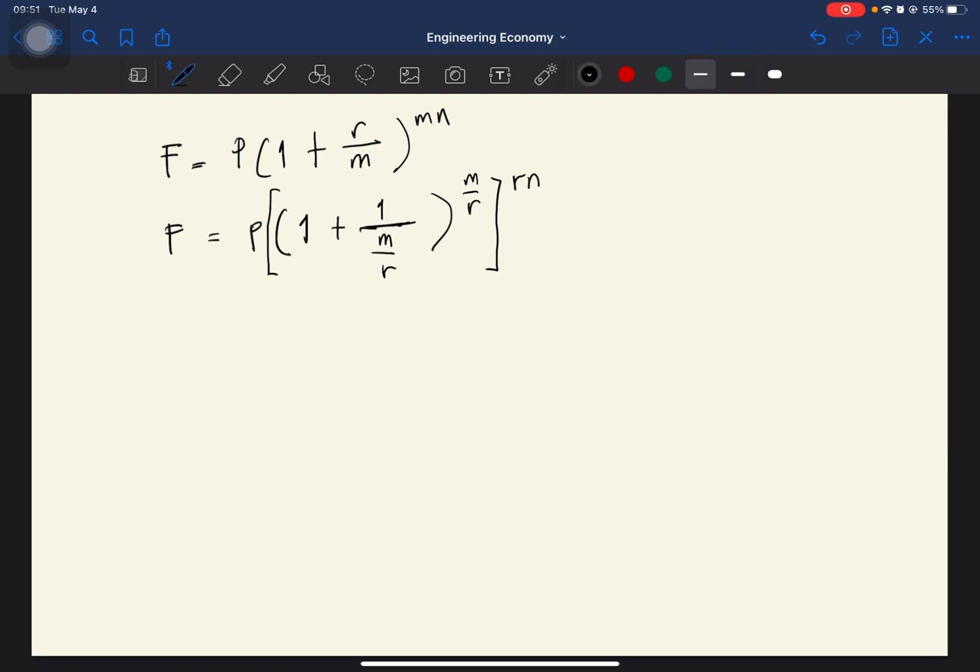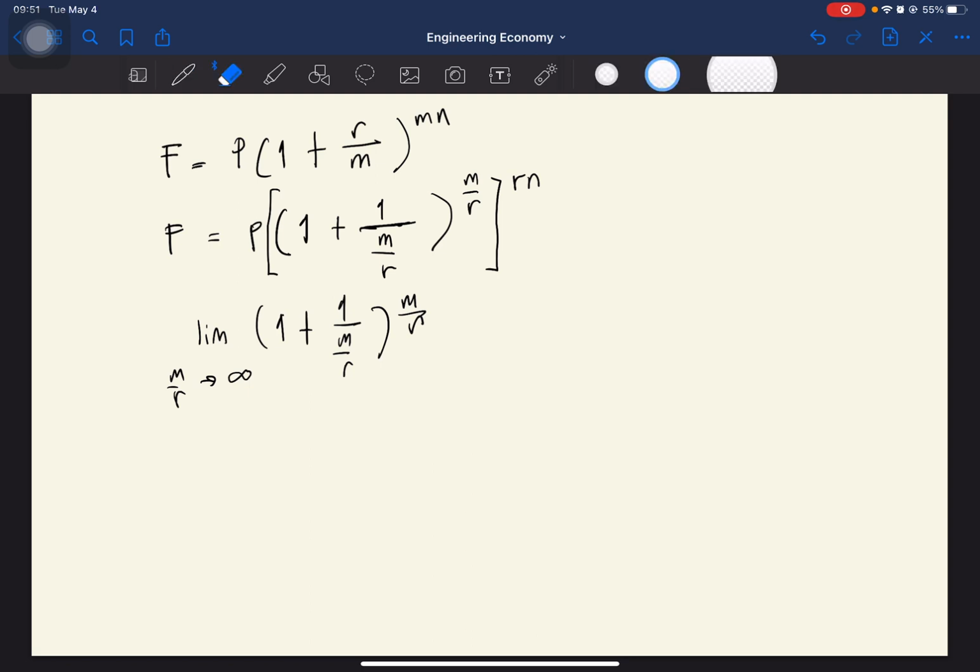Ano ba yung magiging limit ng 1 plus 1 over M over R raised to M over R as M over R approaches infinity? Naku sir, kala ko tapos na ako sa calculus. Huwag kayo mag-alala, dire-derive natin yung formula. Pero sa solving, kahit hindi mo na yan kabisaduhin, ayos lang.